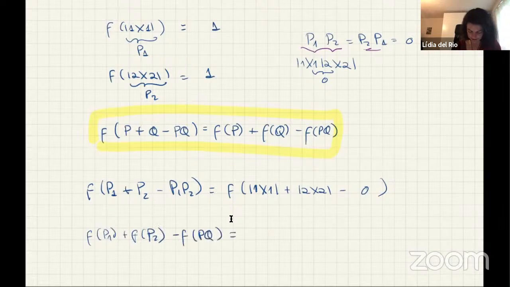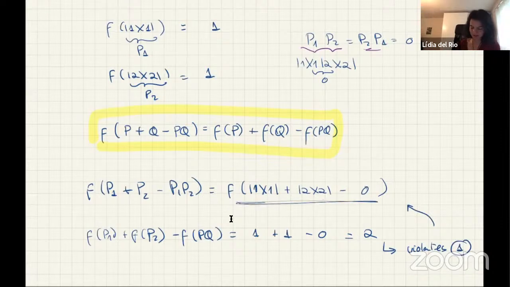Okay, and this turns out to be 1, like we saw, plus 1 minus 0. But that's 2, and that violates rule number 1. So it can never work together with this, because this is a valid projector. And together this would violate rule number 1, because this can never be a probability that is not between 0 and 1. Right? Okay.